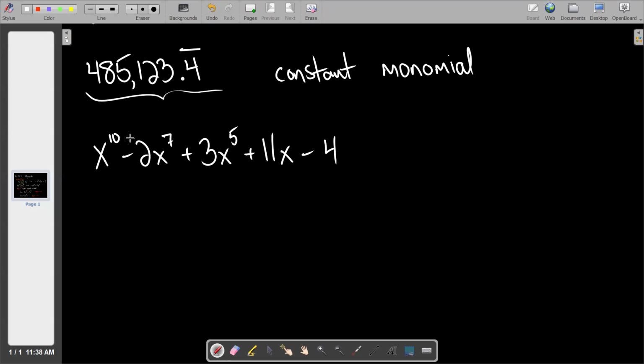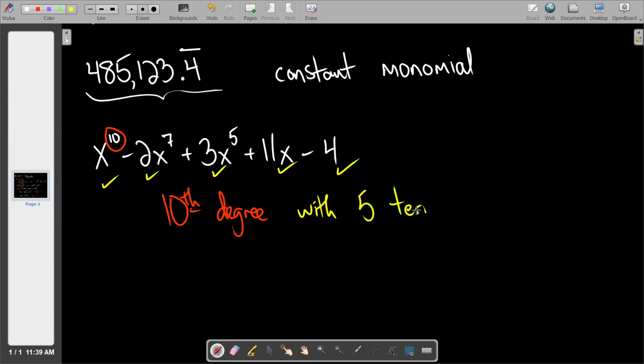Classify it. It is a 10th degree with 5 terms. Correct. So I just wanted to make sure you got eyes on a problem where you honestly never even get to use a fancy nerd word.